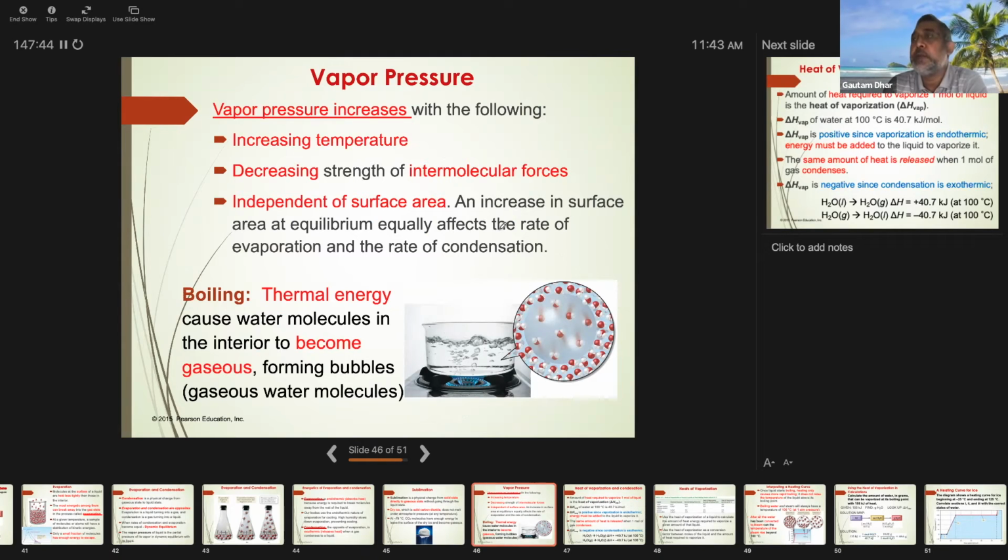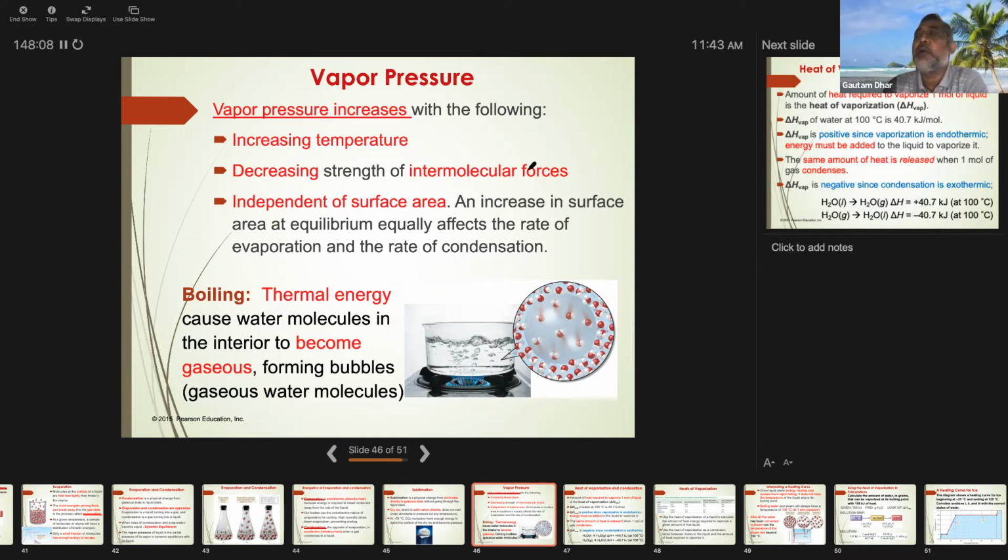Normal atmospheric pressure is 760 millimeters of mercury, or one atmosphere, and there's always some vapor in there. That fraction contributed by the vapor, a fraction of the total pressure, is called the vapor pressure.